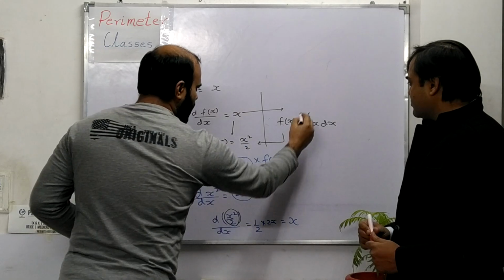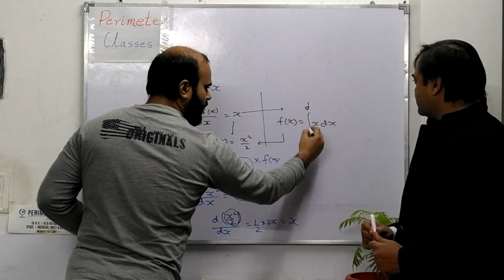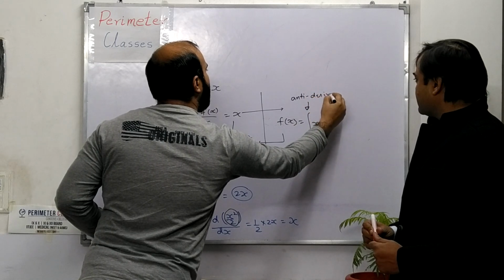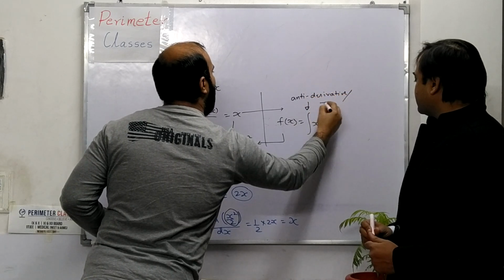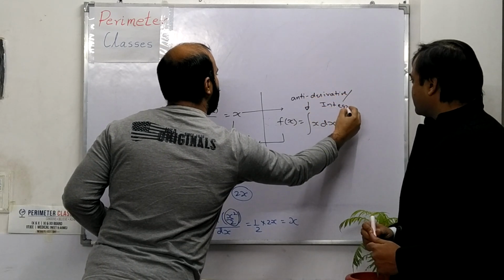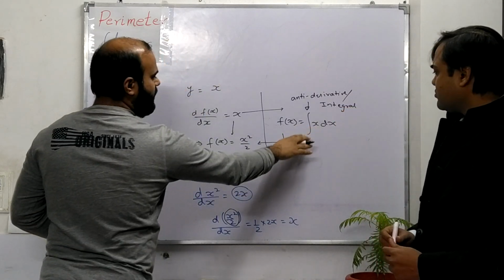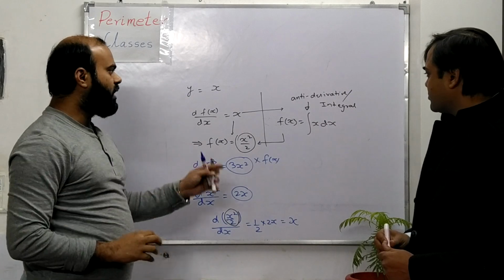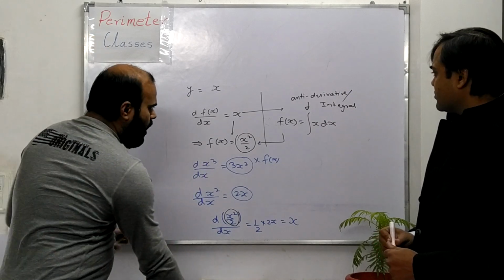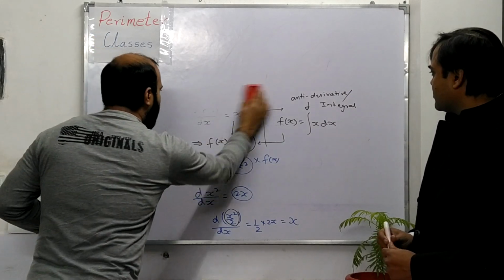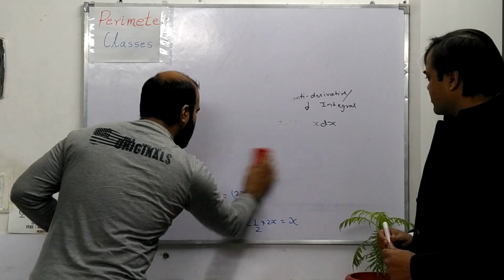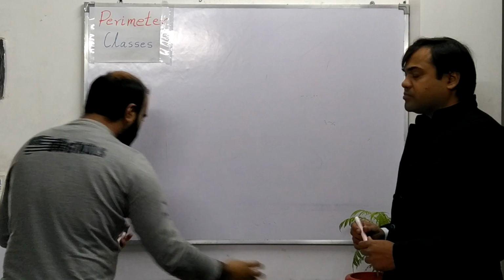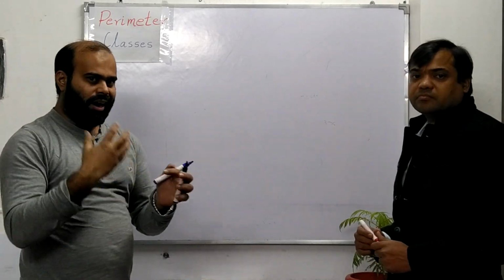So this anti-derivative, which we have used here, is also called an integral. So the integral of x dx is basically x square by 2, what we have seen here. Now after doing this, I will try to make you understand what indefinite integration actually means geometrically.